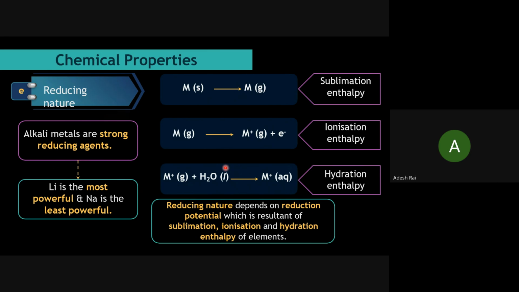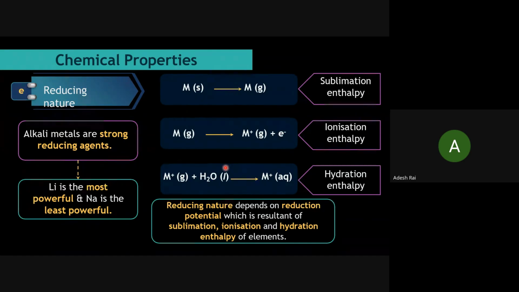Because the outermost electron is very far from the nucleus. It is not receiving enough nuclear charge. As a result, it is more vulnerable to being donated. Therefore, in the gaseous state, the increasing order will be lithium, sodium, potassium, rubidium, cesium. Is that clear?